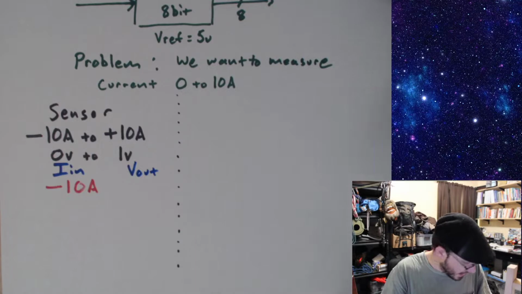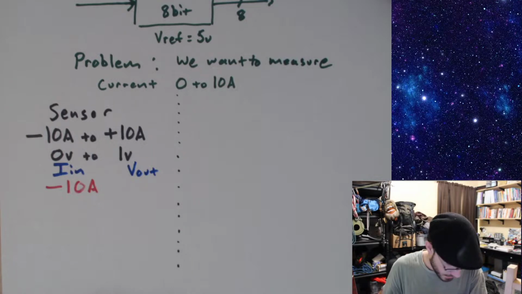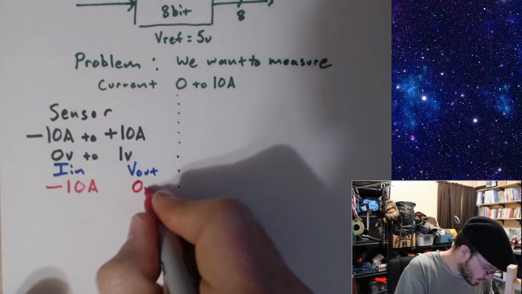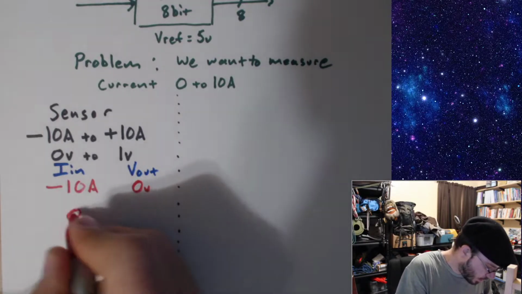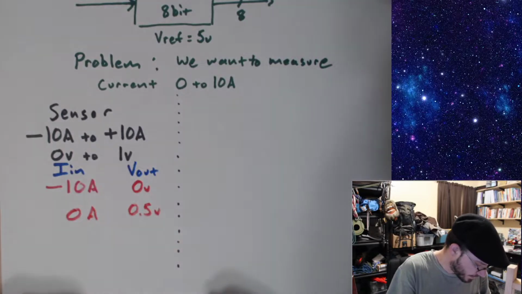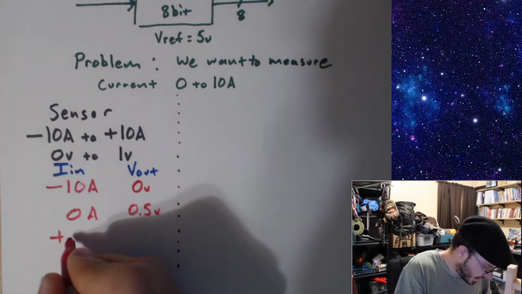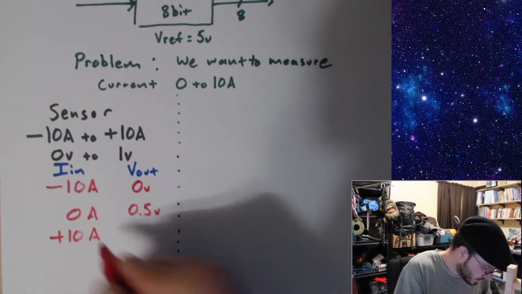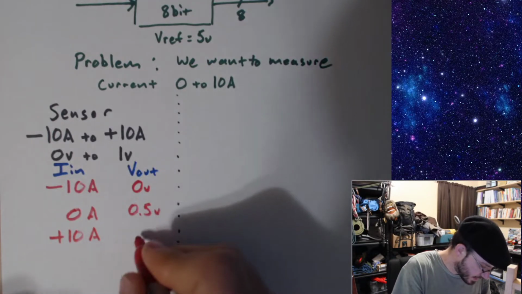So minus 10 amps, we expect to get 0 volts. 0 amps, we expect to get 0.5 volts. And positive 10 amps, we expect to get 1 volt.